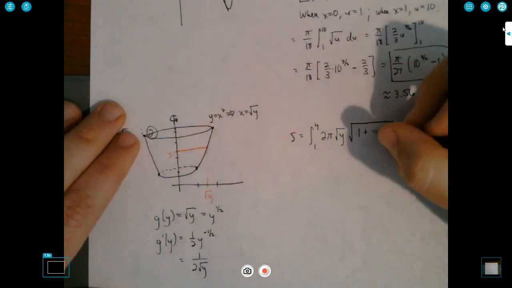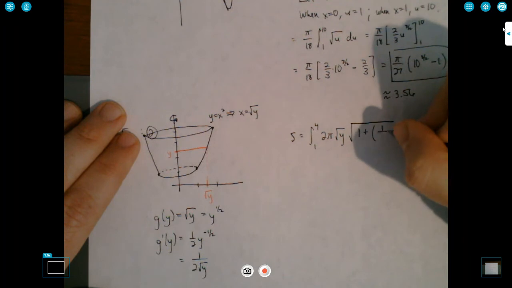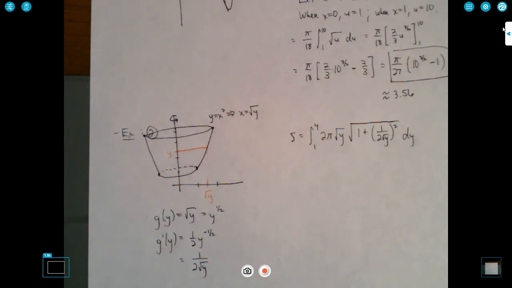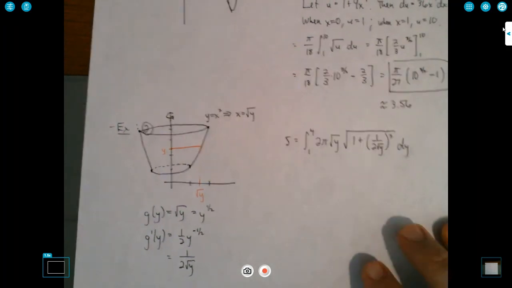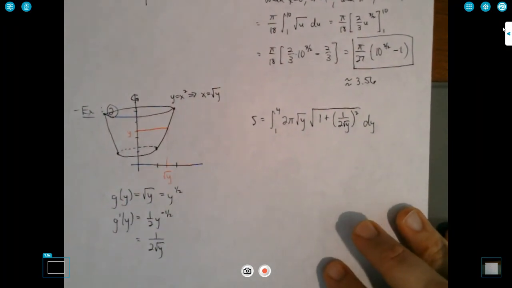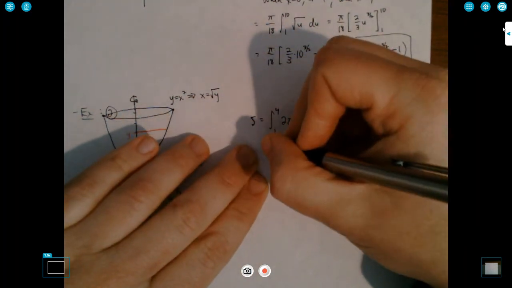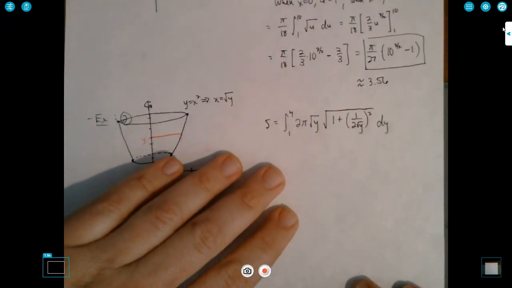Okay, so we're going to have 1 over 2 root y squared dy. Okay, ooh, all right. Well, this doesn't look so good right now, but I bet it'll clean up nicely. Let's see how this goes for us.